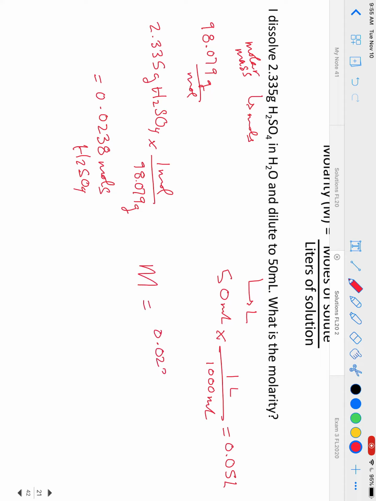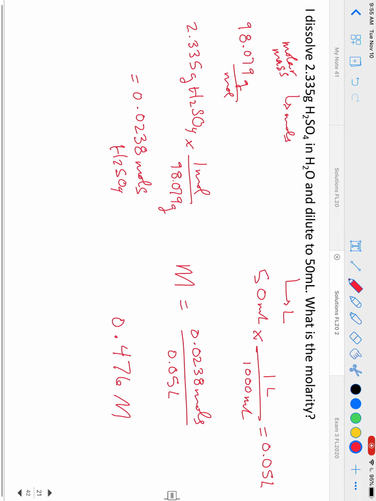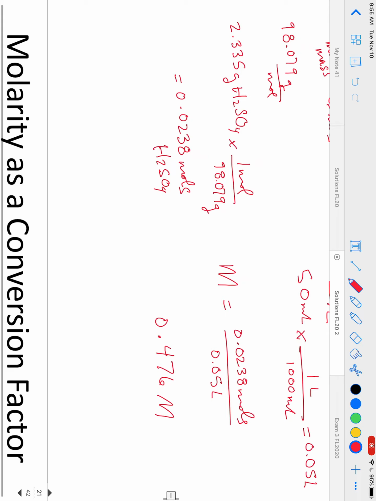So our molarity, capital M, equals 0.0238 moles over 0.05 liters. And I got that our molarity, or our solution, I'll write it this way, our solution is 0.476 moles per liter.